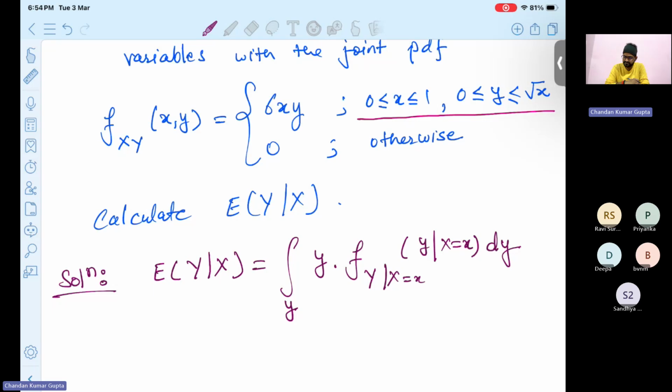So this is the formula for the conditional expectation of y given x.